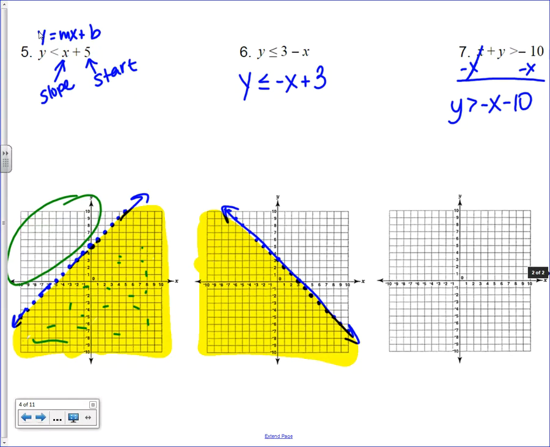Negative x minus 10. Good? The y by itself now? So where are you going to start? Negative 10, way down here. Now where am I supposed to go? To the right one, but I can't, can I? So I'm going to go up one, back one. And we're basically just cutting off this little corner down here.